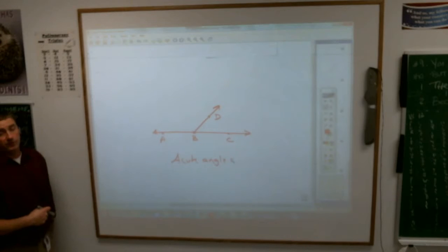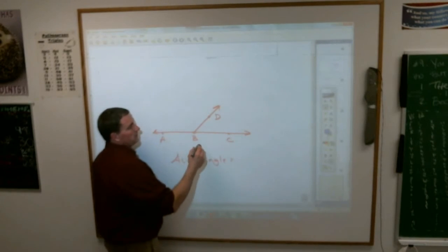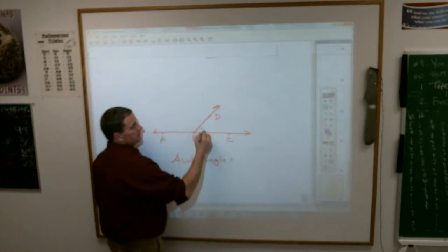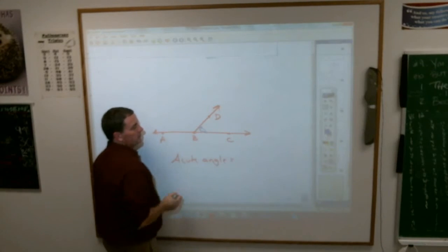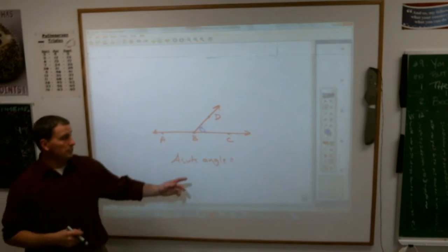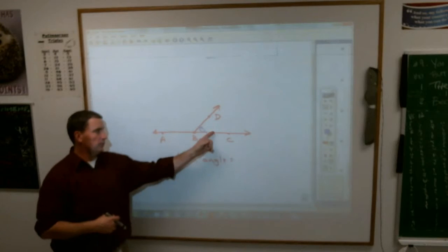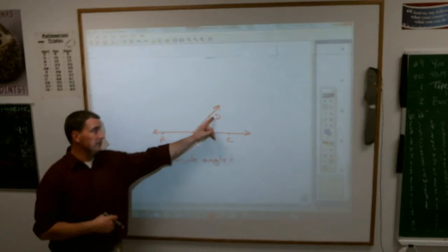How do I name, first of all, what angle is acute, Elijah? This angle here, right? How do I label? If I'm trying to tell somebody I'm talking about that particular angle, because there's 3 different angles I could talk about, actually 4 if you want to go there. How do I name this angle here?